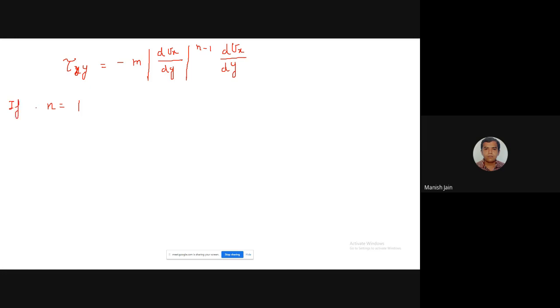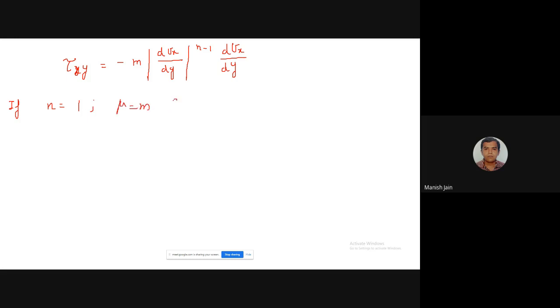Okay, if n equal to 1, then n minus 1 is 0, so this quantity will become 1, and then mu equal to m.